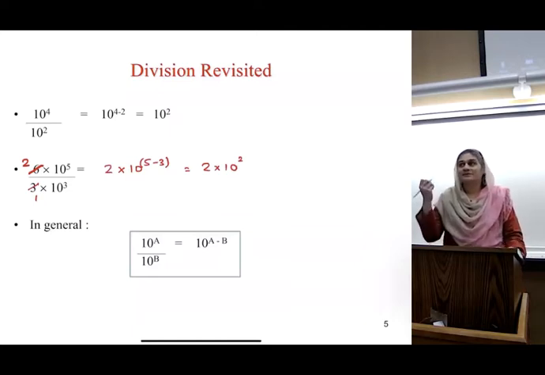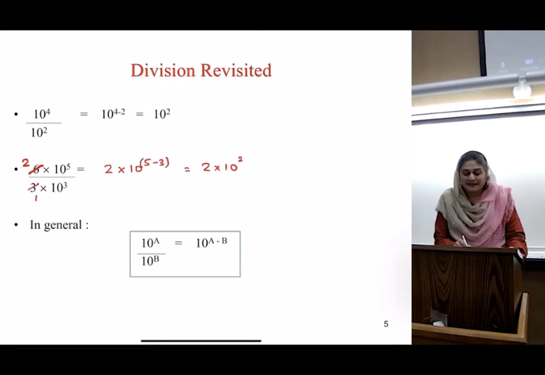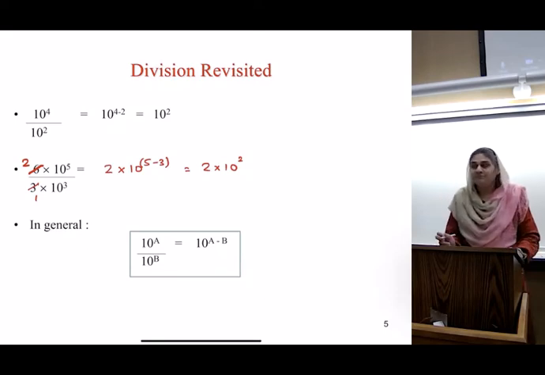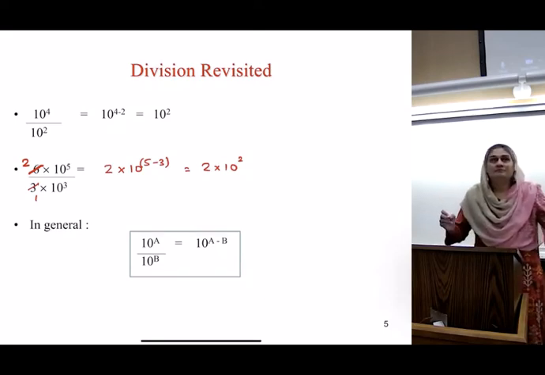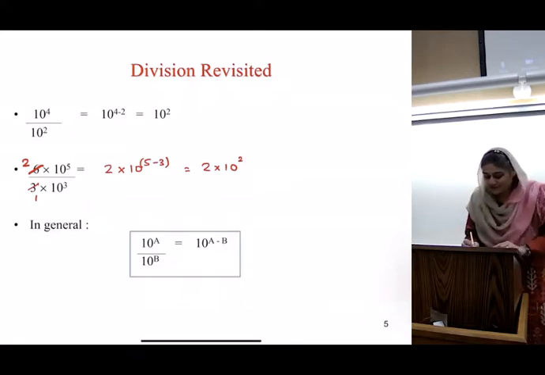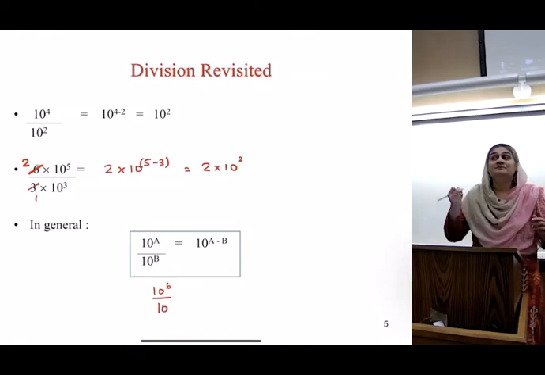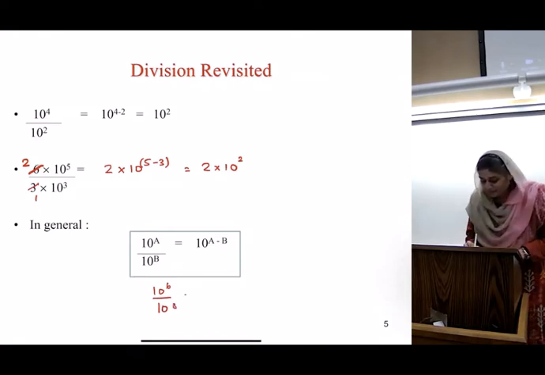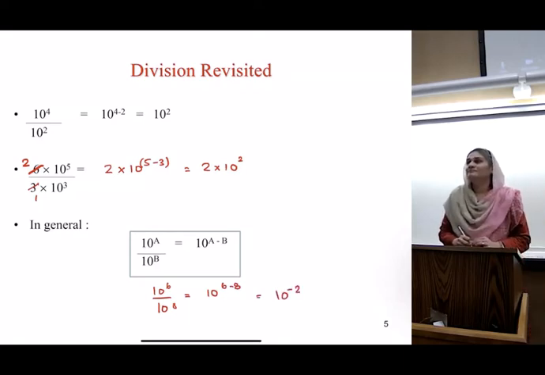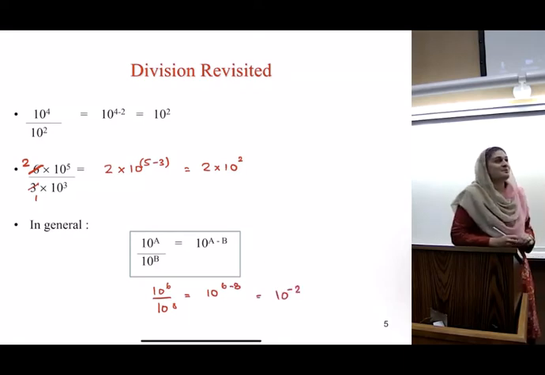It just makes it easier. For any A and any B, again, pick a number for A. 6. So 10 to the 6 divided by 10 to the 8. What will it be? 10 to the 6 minus 8, or 10 to the minus 2. See it? That's how exponents work.